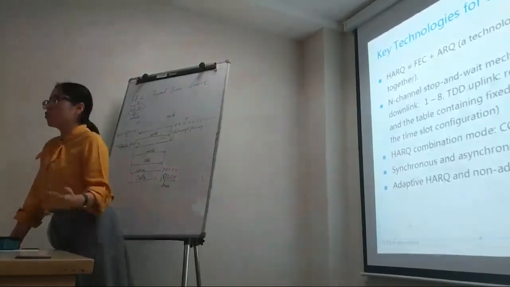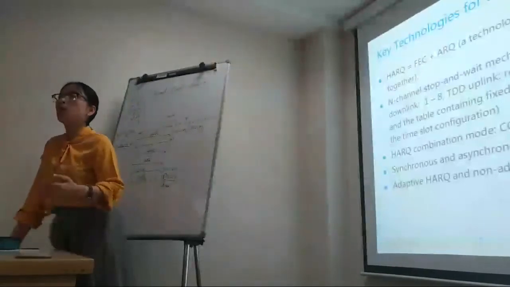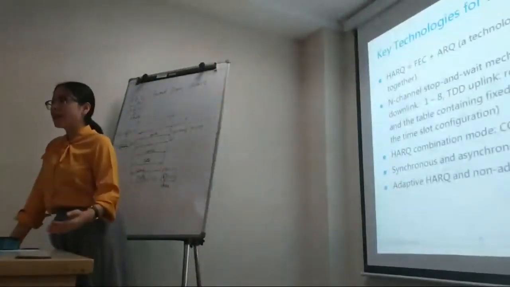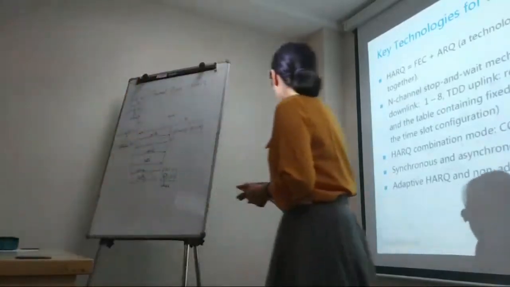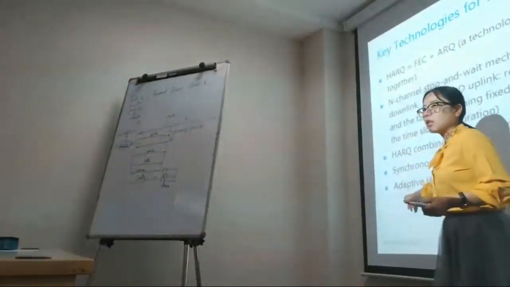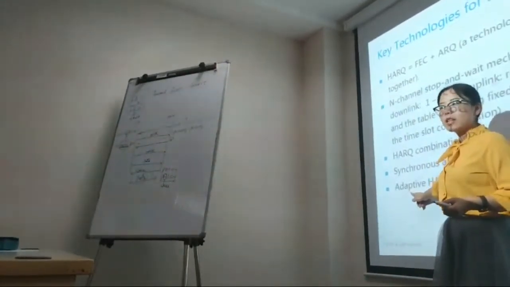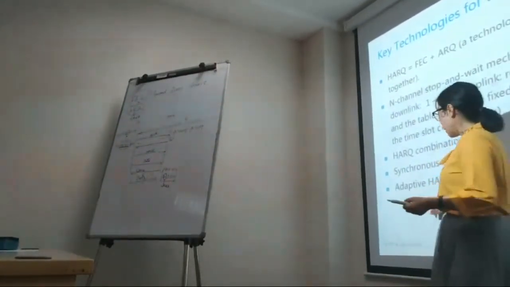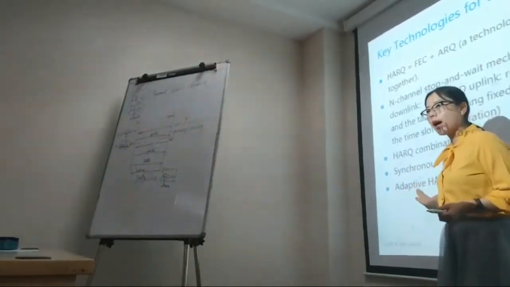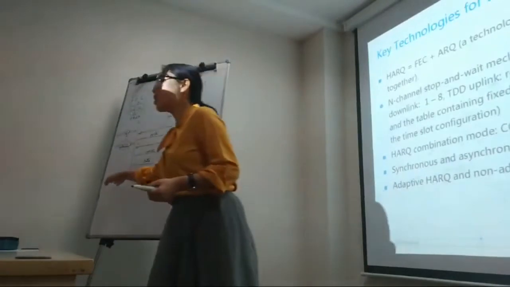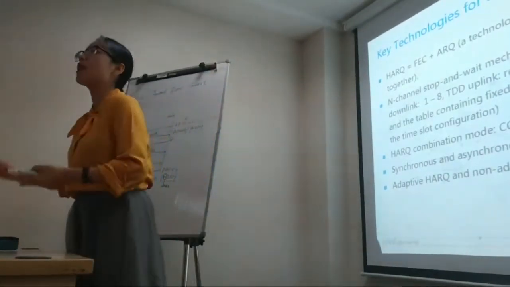Every time the UE transmits data or receives data, it should first monitor the PDCCH to get the exact location. So in this condition, it can adapt. So we name it the adaptive HARQ. If it's an adaptive HARQ, that means the retransmission data may be changed in the location, the resource, and the MCS.